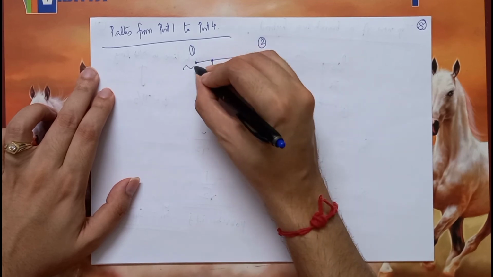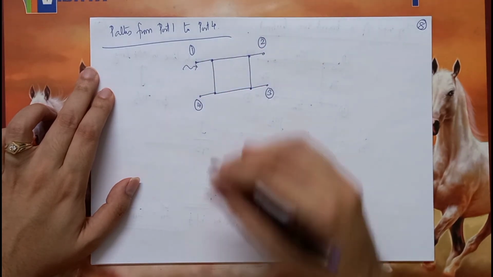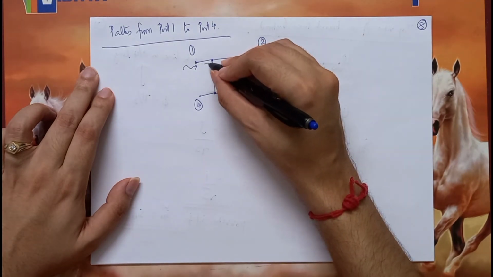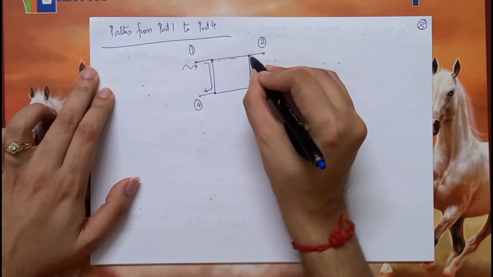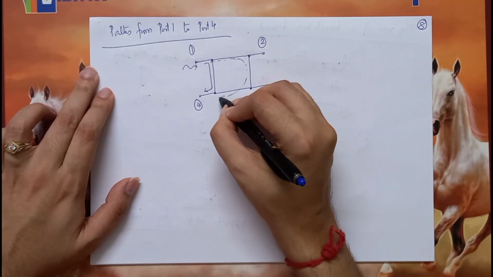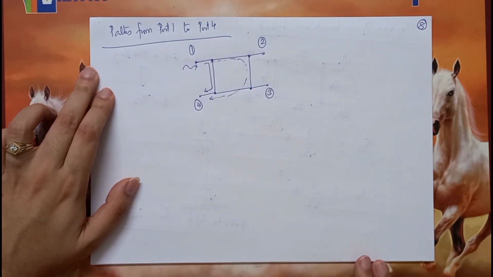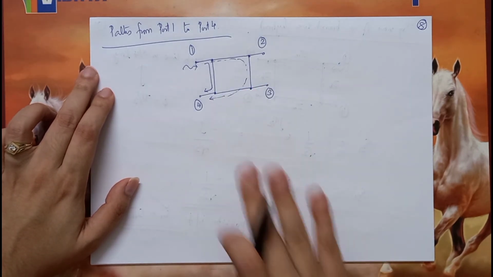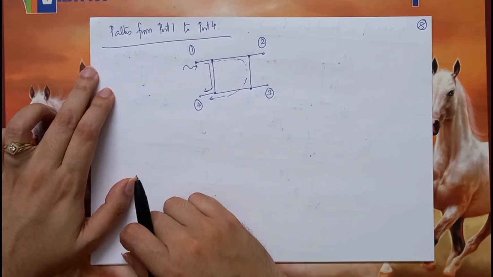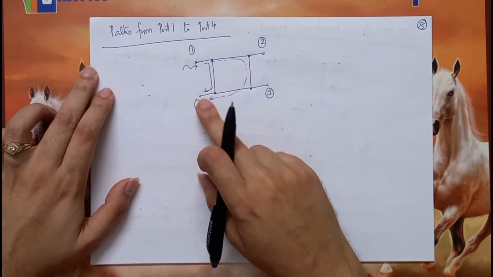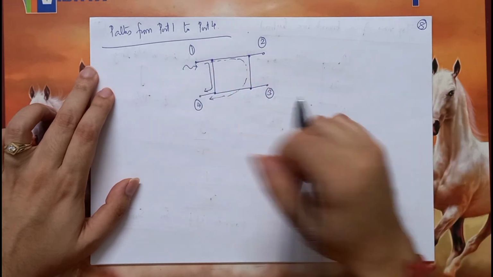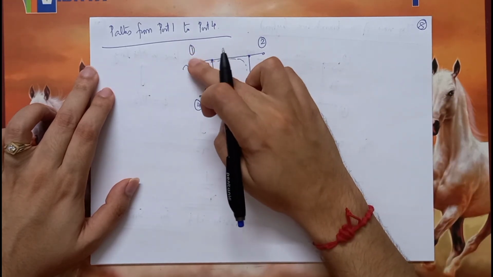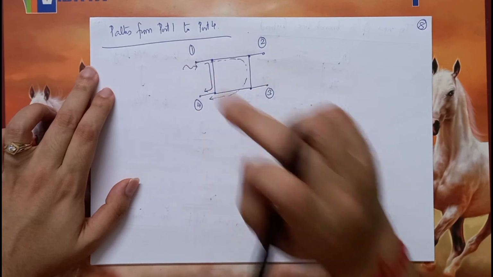While going from port 1 to port 4, again there are two paths. One path is directly from here to here. The other path is over here. Now, let us play along and consider that both paths are equally likely. And why we are saying that is because somehow we know that we want to make S41 as 0. So therefore, one path alone is not sufficient, because if there is some input over here, some part of it is bound to reach port 4.